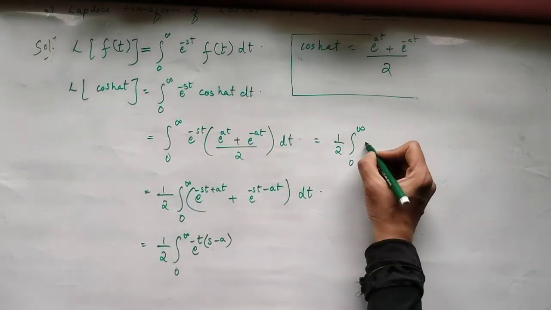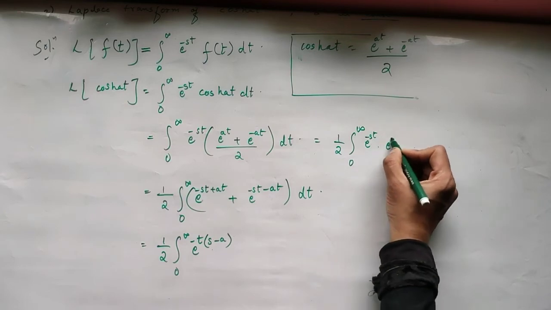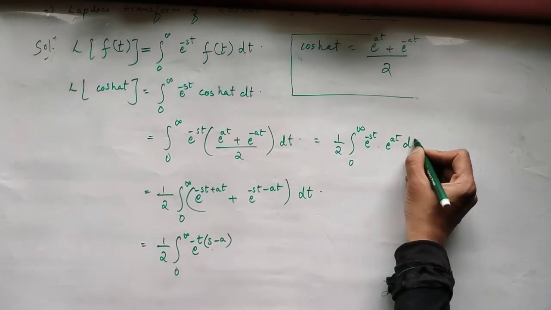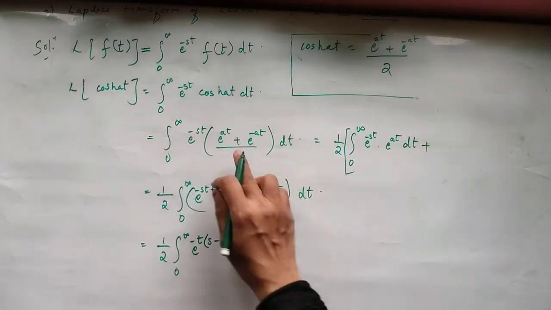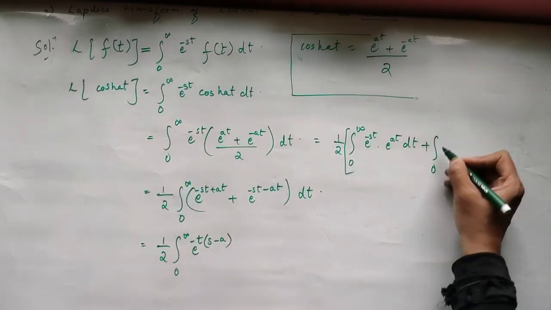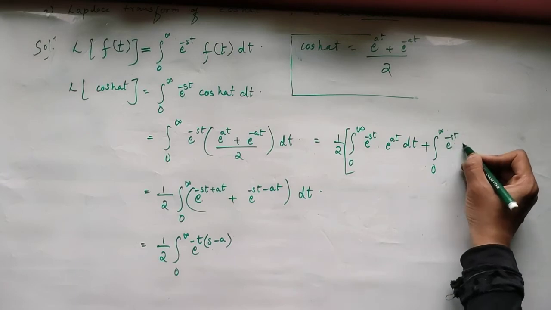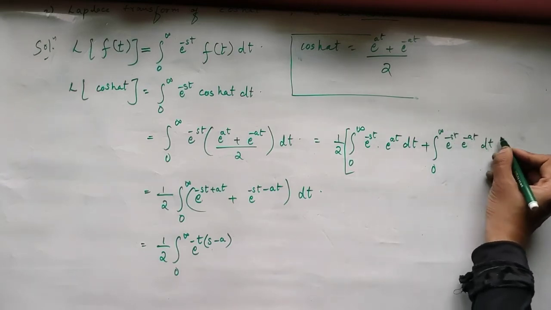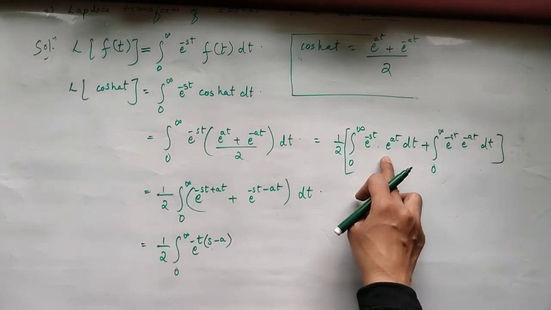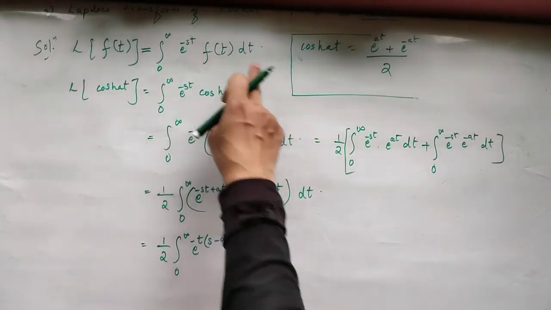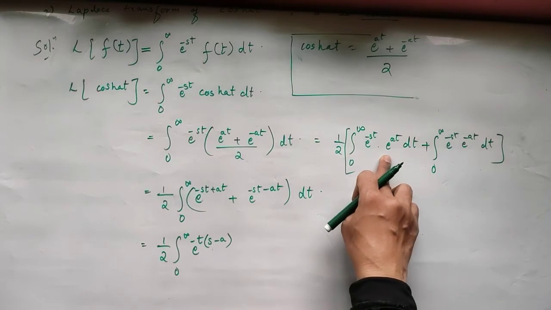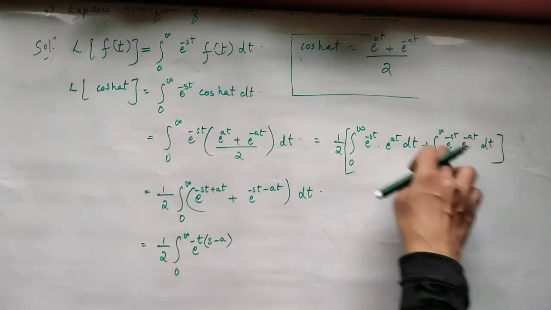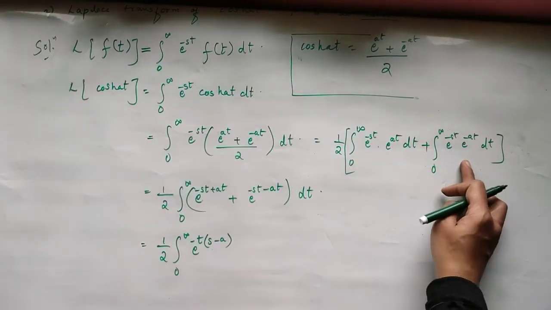However, if you see this in detail, it is nothing but this dt, take a bracket, plus if I split it using this plus sign, integration from 0 to infinity e to power minus st into e to power minus at dt. Now as per the definition, in place of f of t, just compare this with this. You find that this is nothing but the Laplace transform of e to power at, and this integration is nothing but the Laplace transform of e to power minus at.